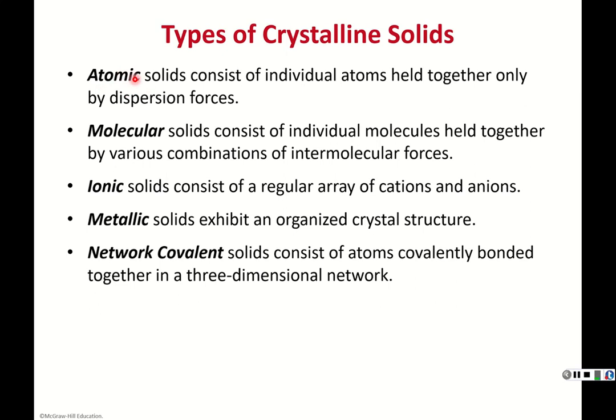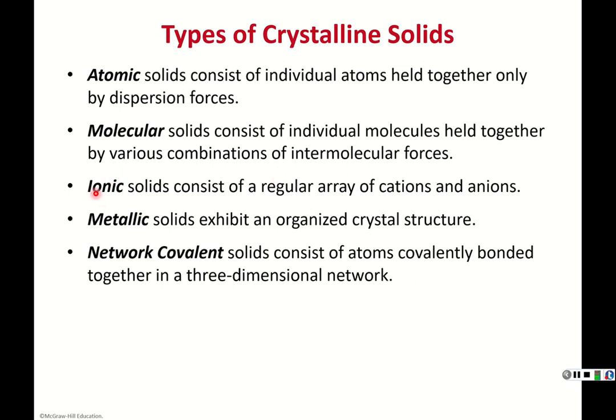Atomic crystals consist of individual atoms, as the name suggests. They're held together only by dispersion forces. Molecular solids have individual molecules held together by various combinations of intermolecular forces, depending on the molecule.